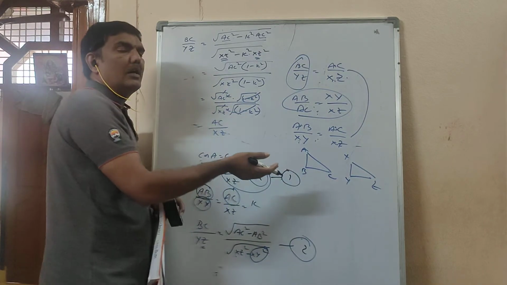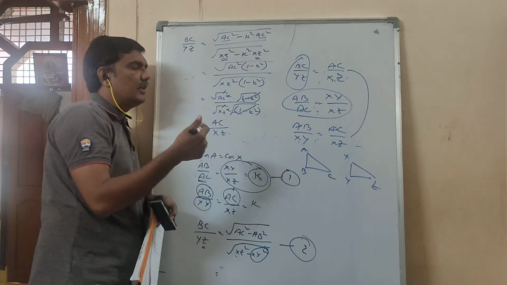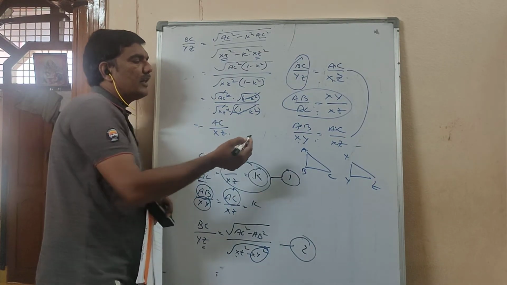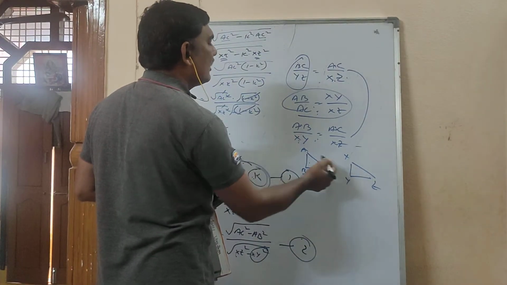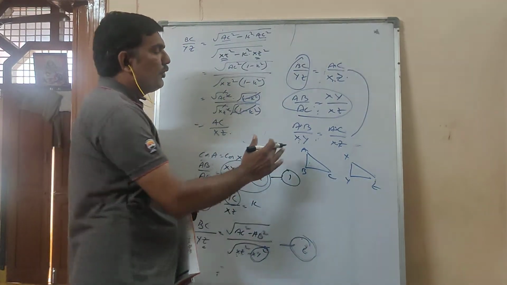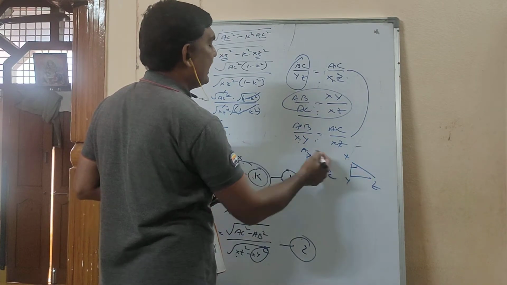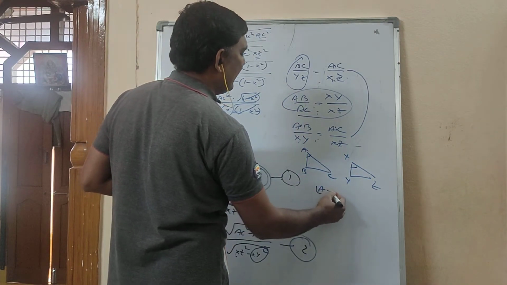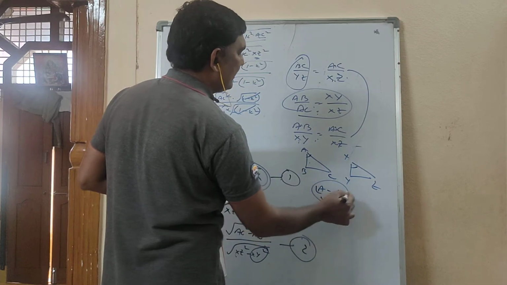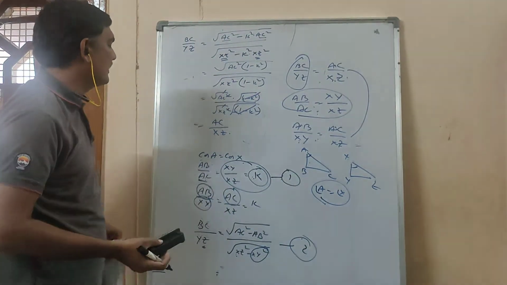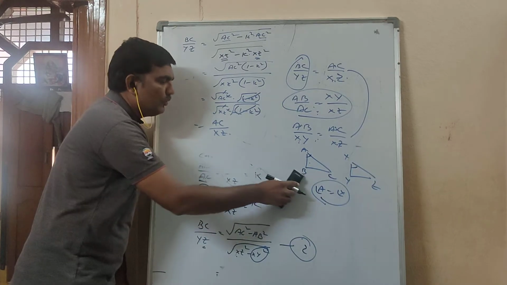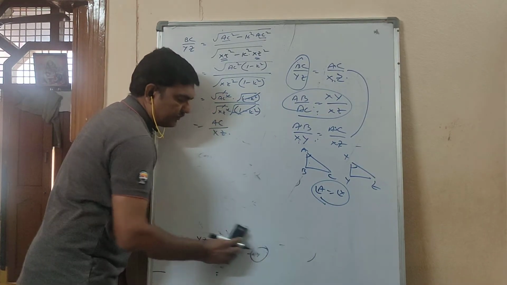Therefore, from similar triangles theorem, we can conclude that these two triangles are similar. If two triangles are similar, corresponding angles are equal. So angle A is equal to what here? Angle X. Therefore, the theorem follows. So we should do like this one.